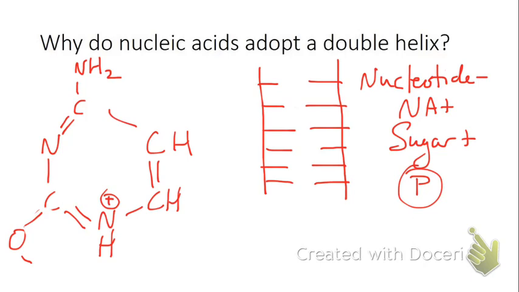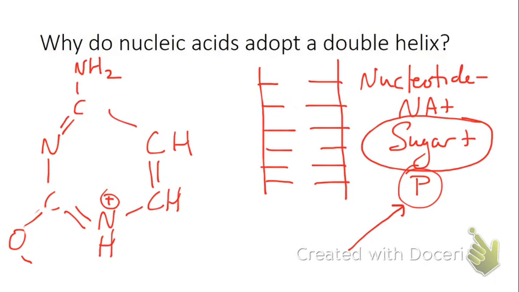So one of the reasons why we put a kink or a turn in our double helix is because of the phosphate. Those phosphates are negatively charged. And when you get two phosphates close to each other, they want to repel each other. And as they're repelling, that causes the double helix to twist. So that's the first reason, the negatively charged phosphates.